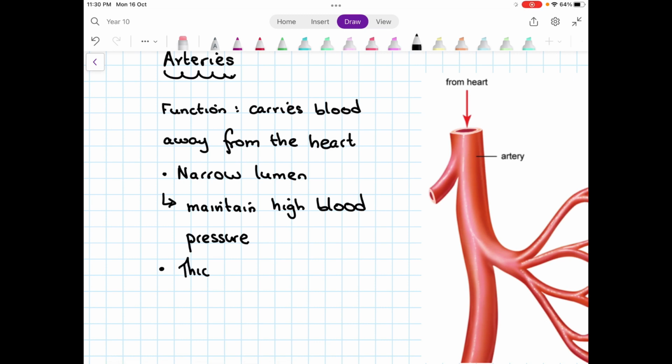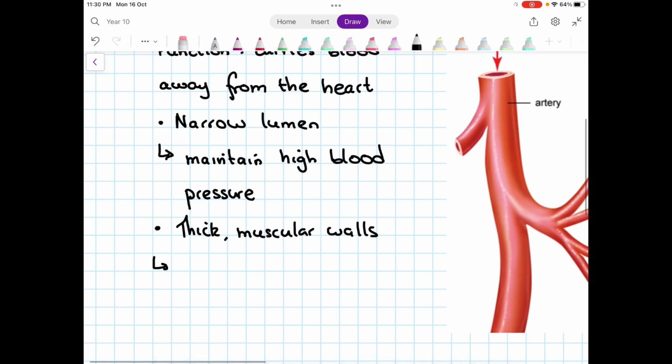The walls of arteries are also thick and muscular, which help the arteries to withstand the high blood pressure and not collapse.